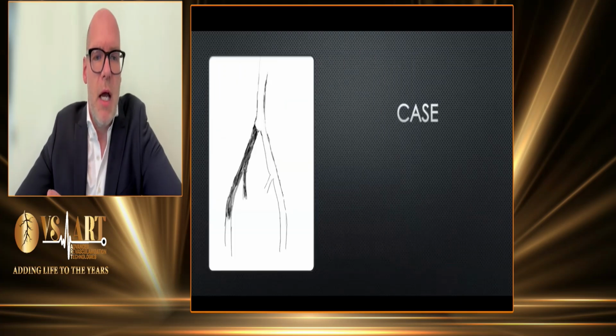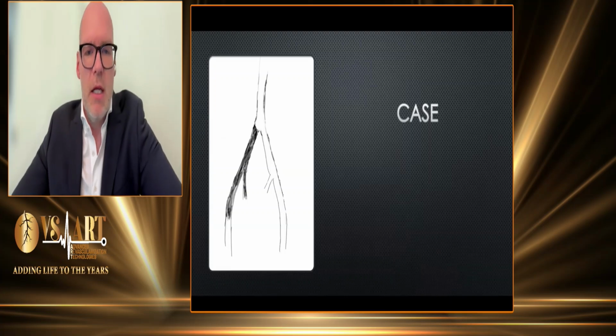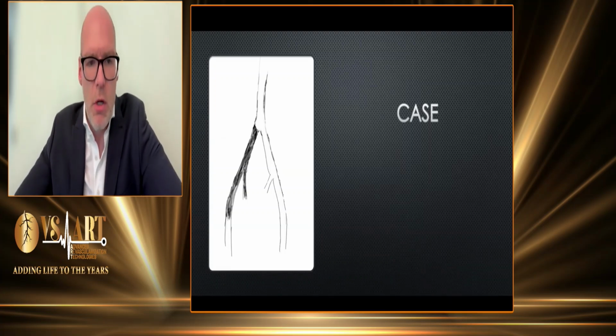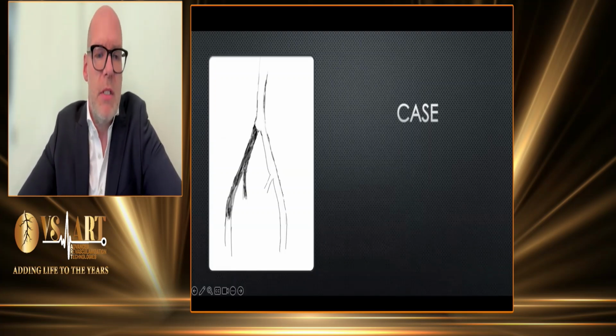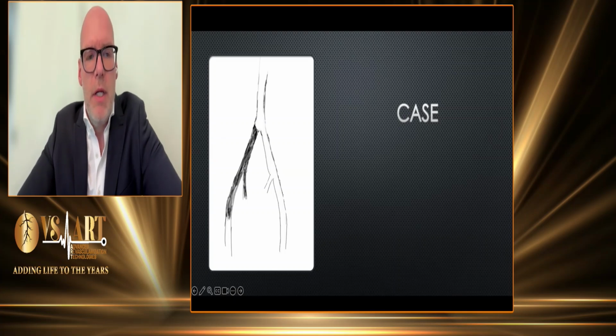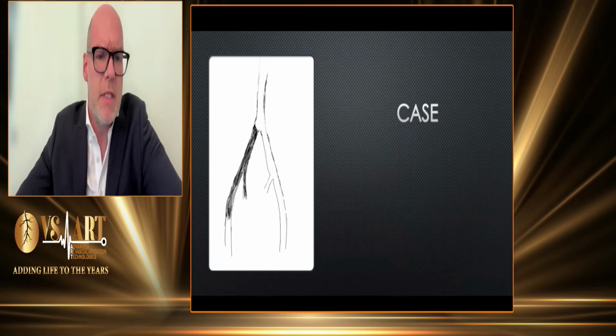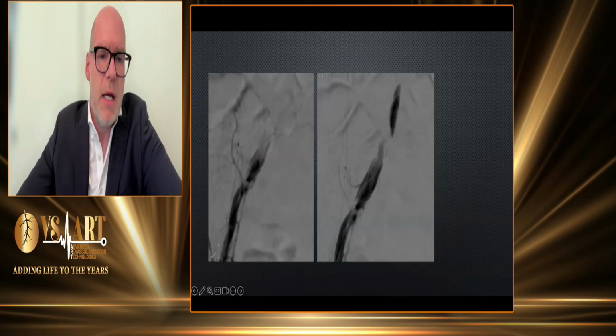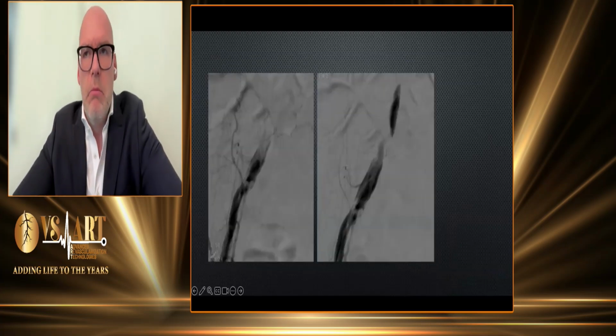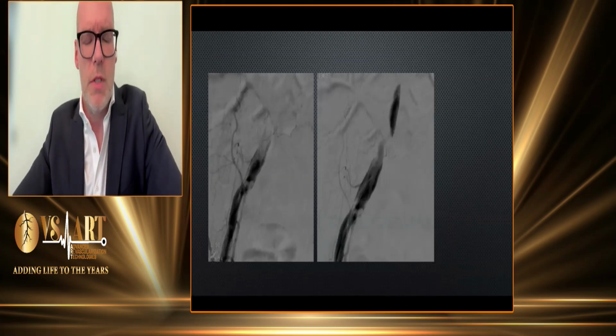This is one case I want to present, which I treated last week. It was a normal occlusion, very easy to see, of the common femoral and external iliac, and the internal was also occluded, with a complete occlusion of the common iliac artery. The first step was to open the groin on the right side and do a thrombectomy.